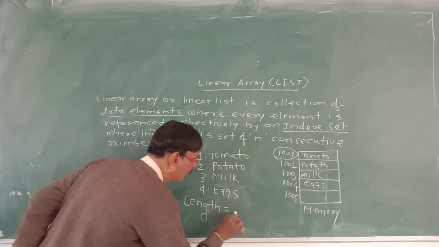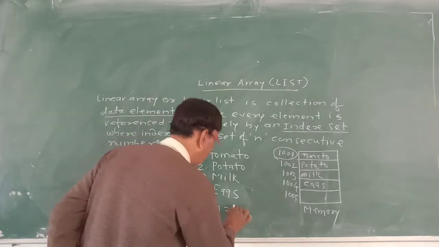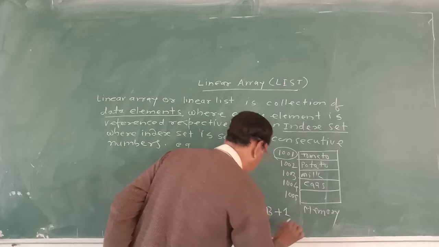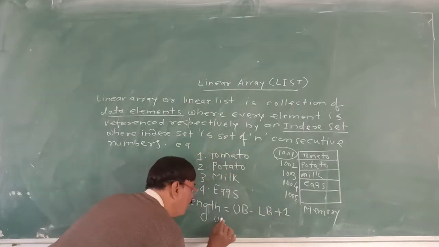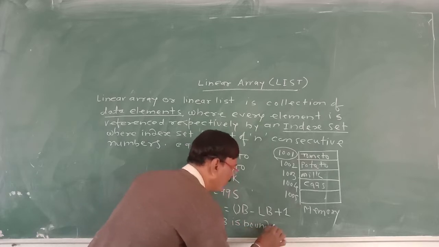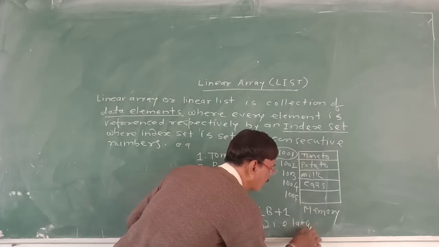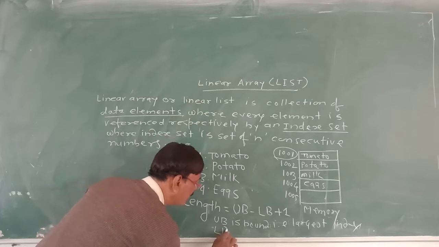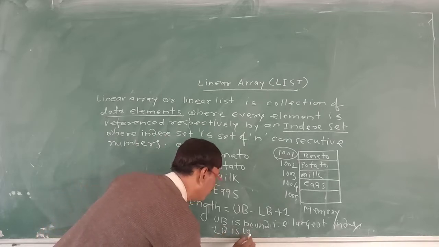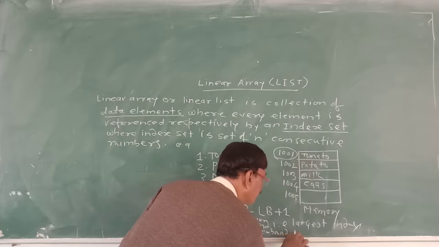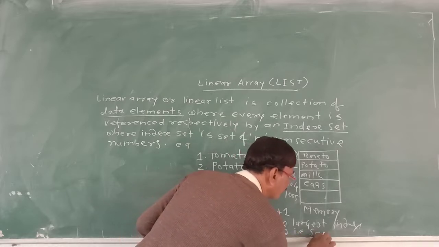Length is equal to upper bound minus lower bound plus 1. There UB is upper bound, that is the largest index, and LB is lower bound, that is the smallest index.